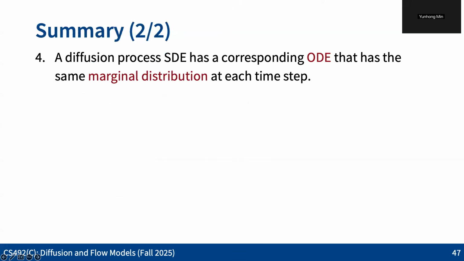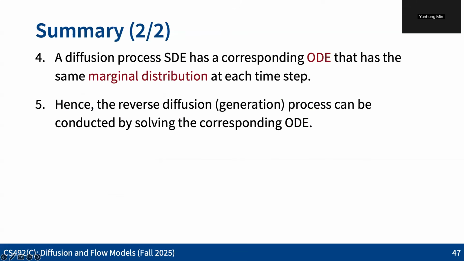So in summary, each diffusion process, the SDE, has a corresponding ODE, which matches the same marginal distribution. What this means is that the reverse process now can be done by solving not the SDE, but the corresponding ODE using any sort of fast solvers. So this is a really important idea. Again, we are achieving all of this without retraining diffusion models.